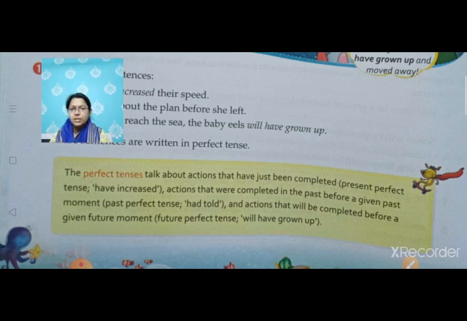So students, you need to remember perfect tenses किसके बारे में बात करता है. If we are talking about present perfect, we talk about the actions जो अभी हाल ही में ख़त्म हुई है, right?